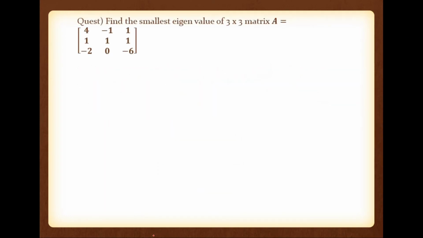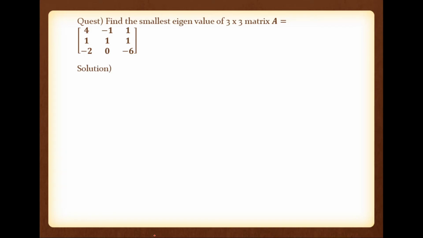So take the same matrix A, A is equal to [4, -1, 1; 1, 1, -2; 0, 0, -6]. We already determined the largest eigenvalue of this matrix. Now we are going to find the smallest one.